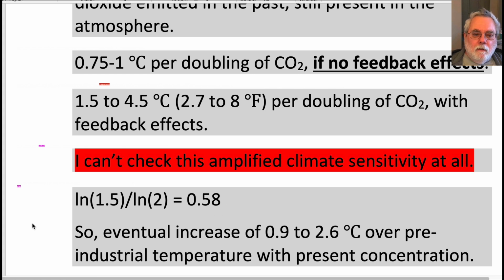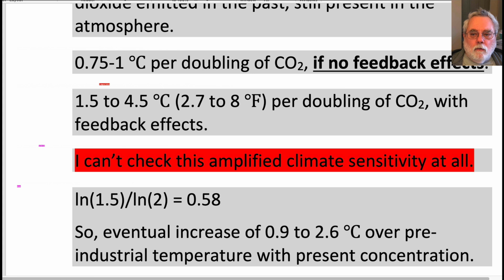So we should get an eventual increase of 0.9 to 2.6 degrees Celsius over pre-industrial temperature with present concentration. We've already experienced the 1 degree Celsius rise, so the low end of the climate sensitivity seems suspect to me.